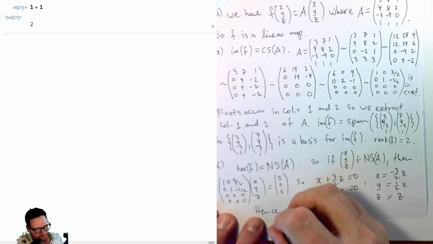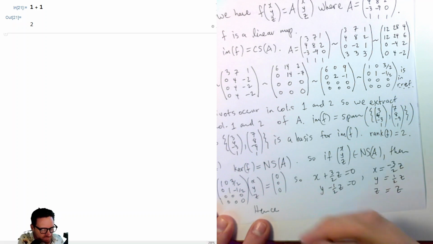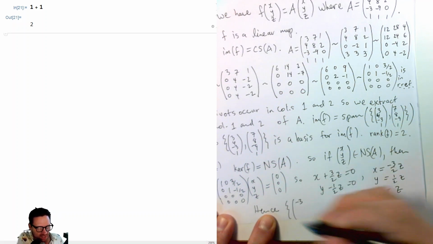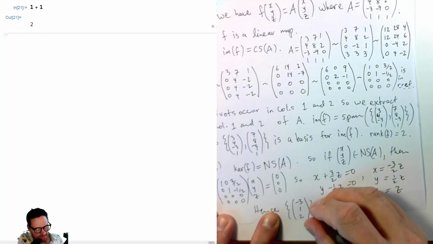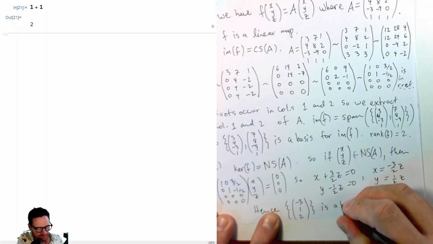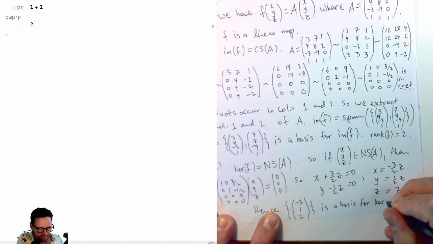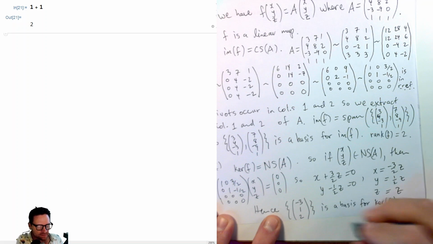Hence, we can use z as our parameter and then even multiply that by 2. So minus 3, 1, 2 is a basis for the kernel of F. And notice it has dimension 1.